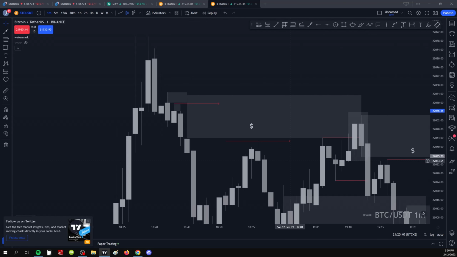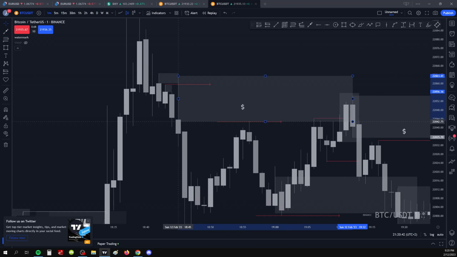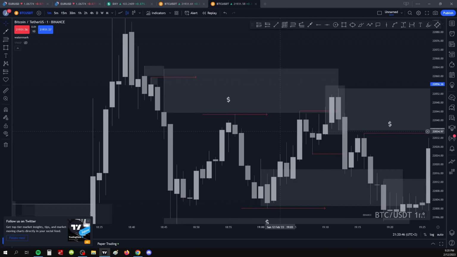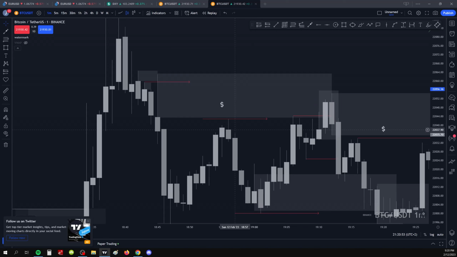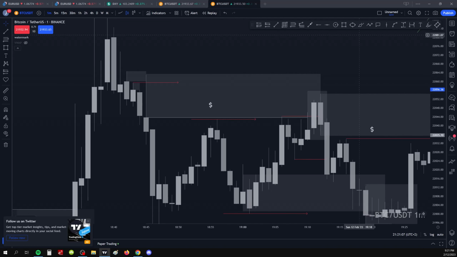So next up, this becomes the place for the mitigation. And as you can see, this high also, when it came up, it's an inducement. And why? Because it did not mitigate it. Whenever you see a high like this and it did not touch, like it's maybe half a pip, I don't know, let's see how big it is.